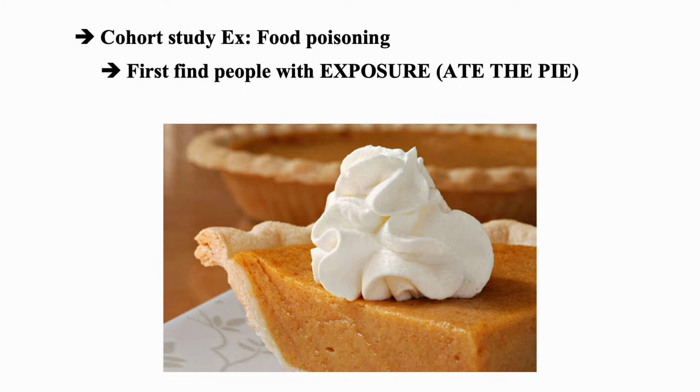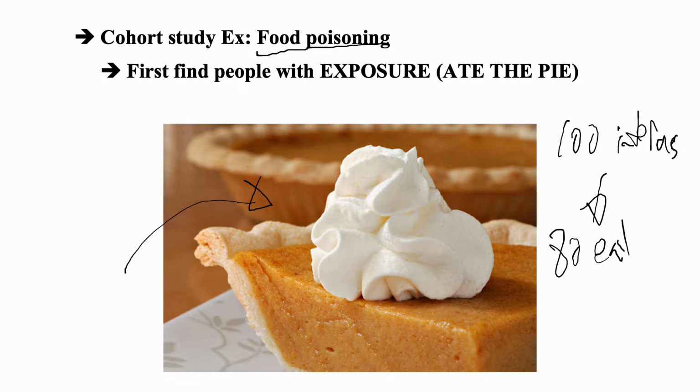One example of a cohort study would be food poisoning. Let's say you're a resident and all the residents get a delicious Thanksgiving pie because they worked on Thanksgiving. This may or may not be based on a true story. So let's say of the 100 interns, 80 eat the pie.